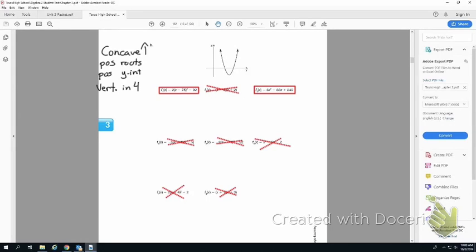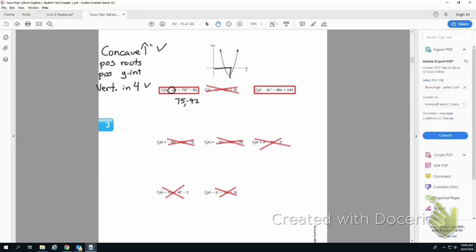A lot of people, I know in my classes yesterday, they didn't get the first one. But I've got a positive a value, so that makes it concave up. I'm also looking at the vertex because it's vertex form. This is going to give me a vertex of 75, -92, which is going to be in that fourth quadrant. So that one also would work.